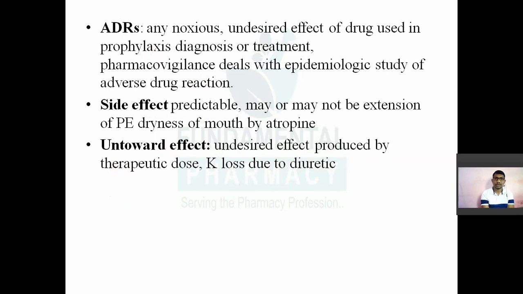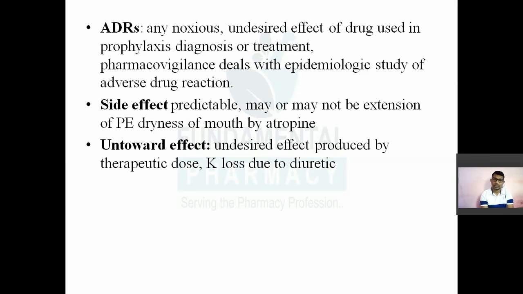For example, I have told you the example of dryness of mouth by atropine. If you are suffering from any disease and atropine is the drug, you may develop dryness of mouth. That is a side effect. But dryness of mouth is not giving much trouble to you. You can tolerate a little bit of dryness of mouth.